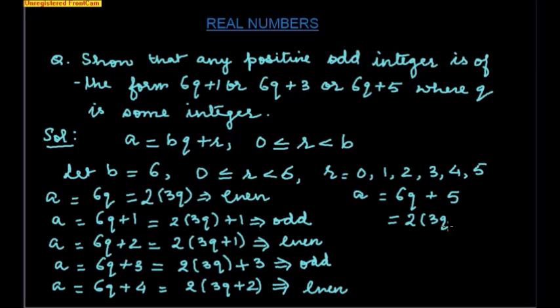Here I have again 2 into 3Q plus 5. Again I have a remainder as 5, which shows that this is odd. Now if you see, out of all these cases, I've got 3 cases, number 1, 2 and 3, where the numbers were odd. That means 6Q plus 1, 6Q plus 3 and 6Q plus 5. They are odd integers, and that is what we wanted to prove.